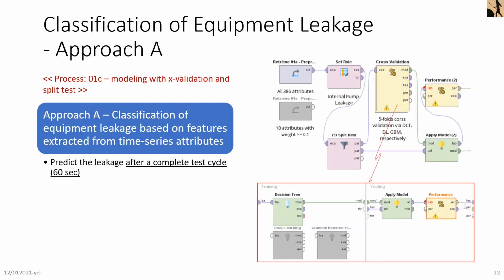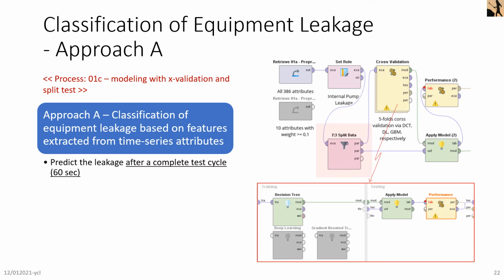So we have the split operator beforehand to do a 7-3 split, and only use 70% of the data for cross-validation, and the other 30% of the data is then used for the final test. So that will be independent enough so that we can be less influenced by the training process, right?